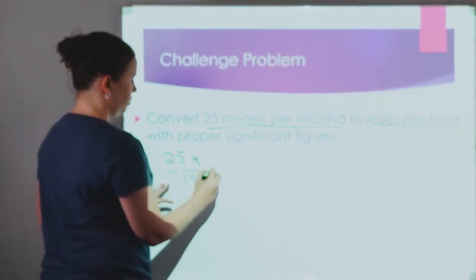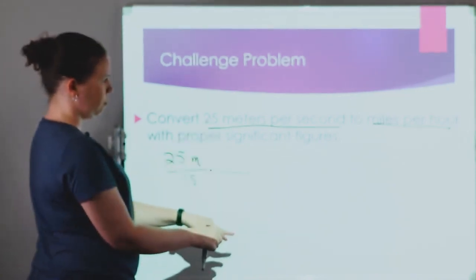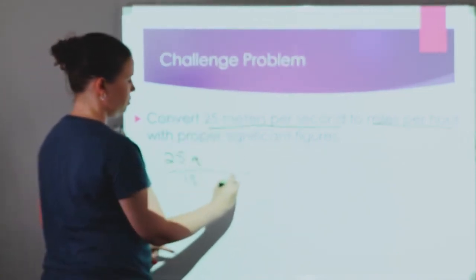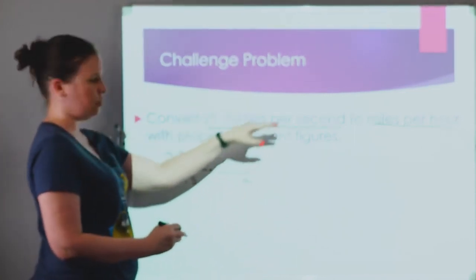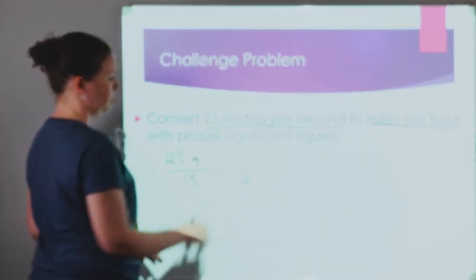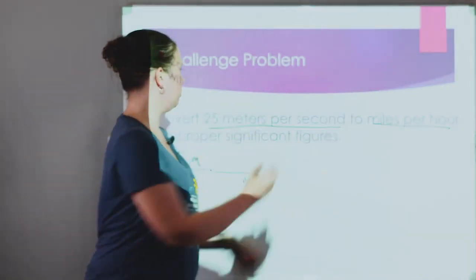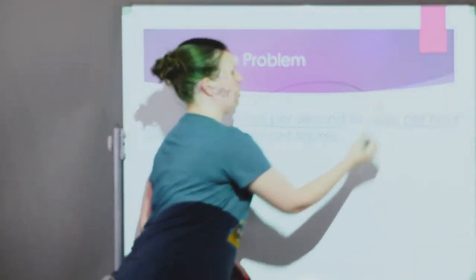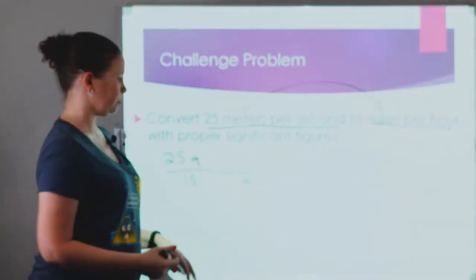Now the first thing that I want to do is convert from meters to miles. So meters, we would want to put on the top in order to convert towards miles. So I want to put something up here that maybe has to do with going from meters to miles. I need to figure out what my conversion factors are.